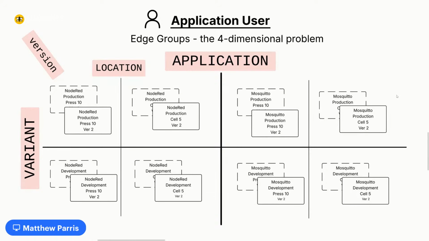Within an application, you might have your production variant, where you have configurations that are meant to connect to your production infrastructure, or maybe your security is tightened, and so you're not allowing HTTP, only HTTPS, for example. So you have variants within an application.